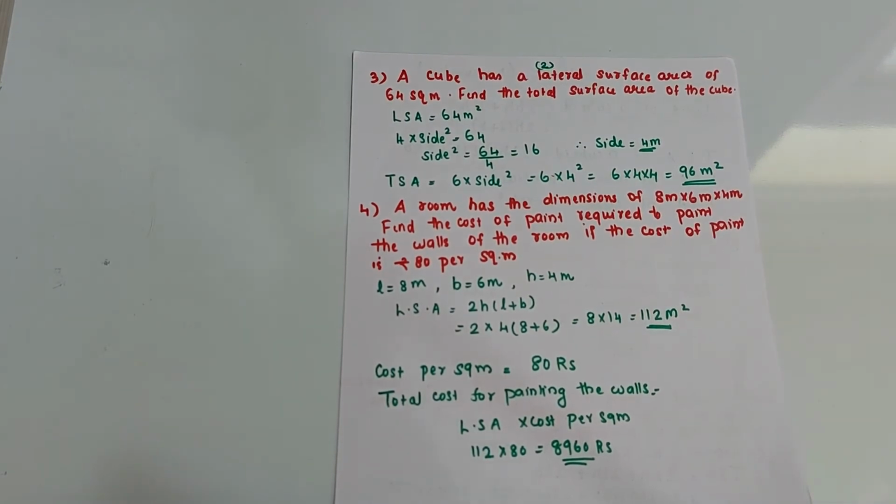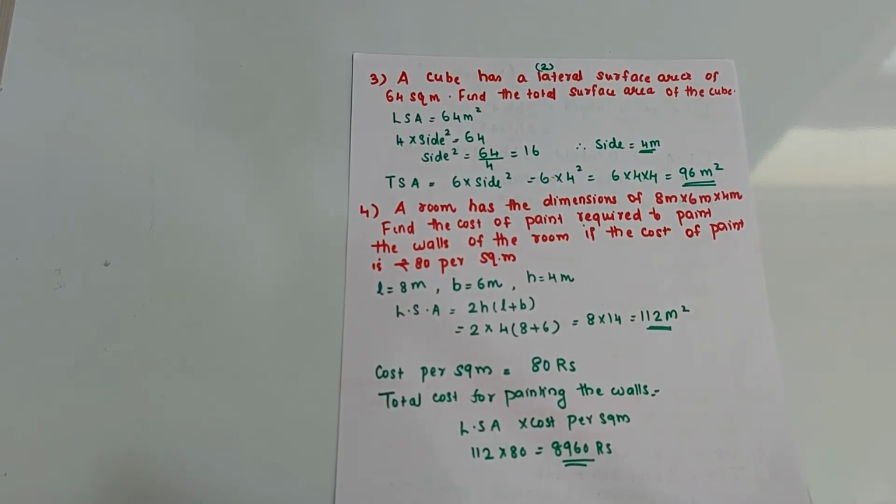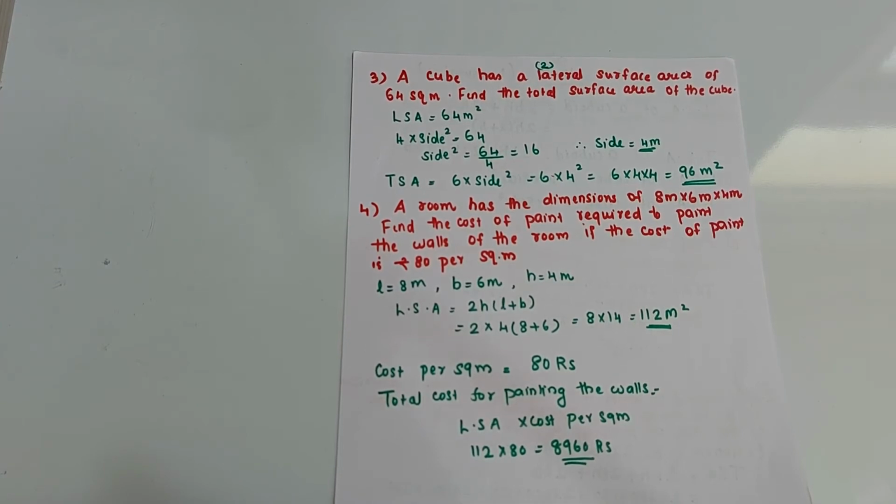Now our third question: a cube has a lateral surface area of 64 square meter. Find the total surface area of the cube. Here the lateral surface area is given. To get the total surface area, we know the formula of cube: the total surface area of cube is equal to 6 into side square. So first you have to find out the side from the lateral surface area.